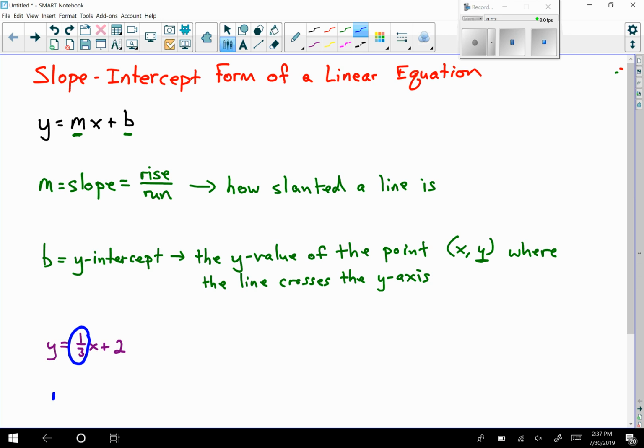But here our slope is 1/3, and our y-intercept, b, is 2. And I'm going to show you what important part each of these play when graphing a line. So let's take a look at the 4 or 5 steps that I'll write out here on how to graph a line that is in slope-intercept form.